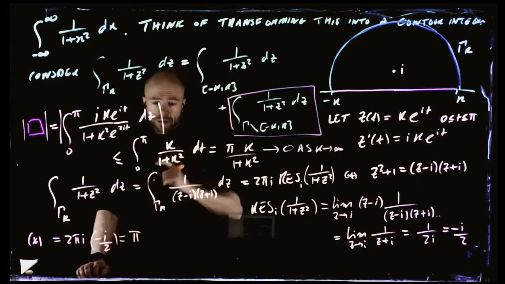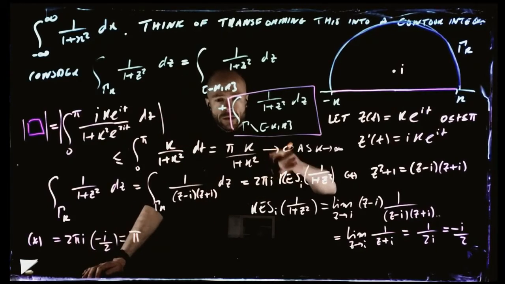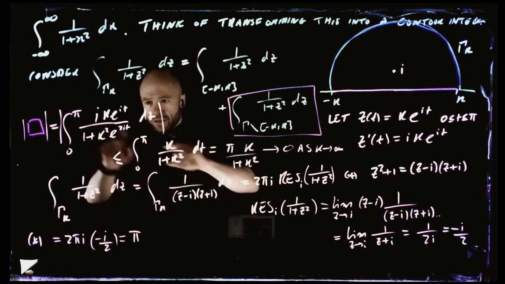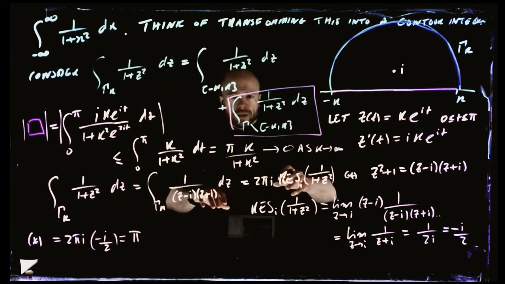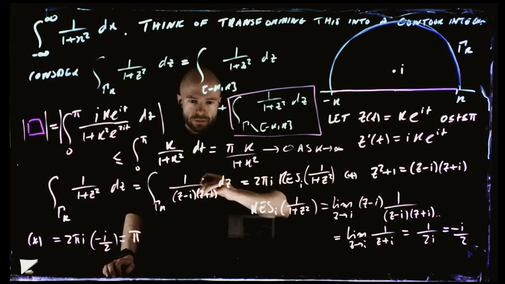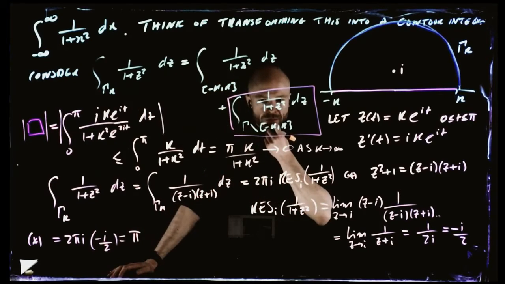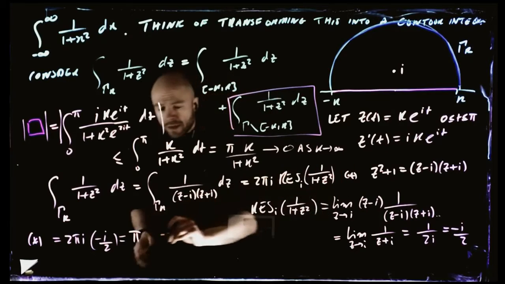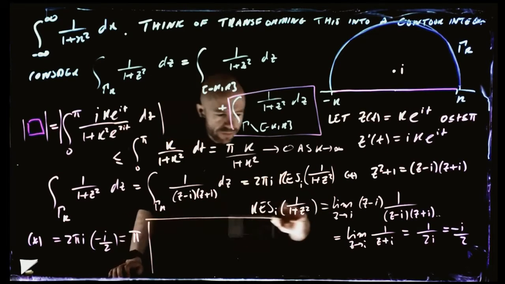So we think that for every single r, the integral of this function is just equal to pi. That's what we think. Cool. So how do we conclude the proof? Well, this is true for every single r. So we can take the limit as r goes to infinity.